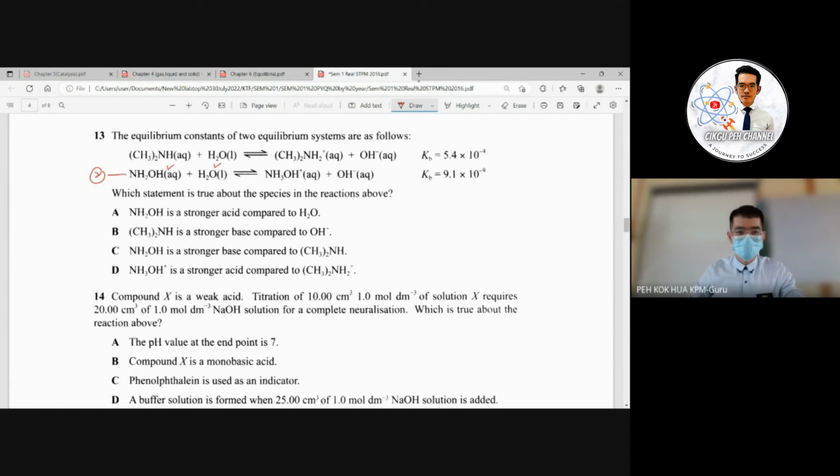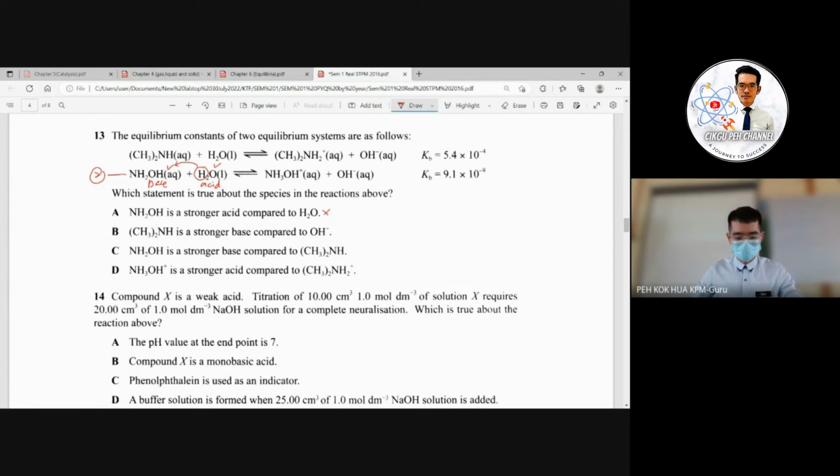From here, you can see in the product the hydrogen is accepted by NH2OH, so this one will be the base and this will be the acid. Here it says NH2OH is an acid, so it's wrong.